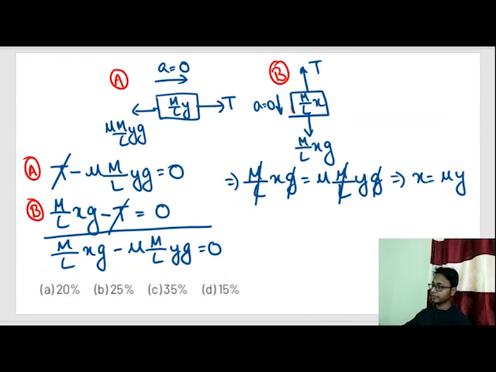So this y here can be substituted by L minus x, or x equals μ into L minus x.